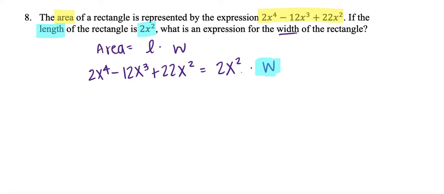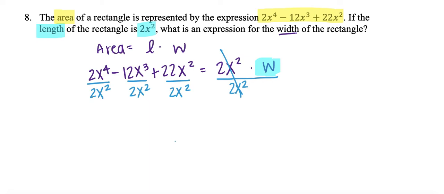So to solve for this W, I need to get rid of this 2x squared. Since these are being multiplied together, to get rid of it, I'm just going to divide both sides by 2x squared. However, if you remember from our previous chapter, when I'm dividing this polynomial by this, what I'm really meaning to do is that I am dividing every single term by 2x squared.